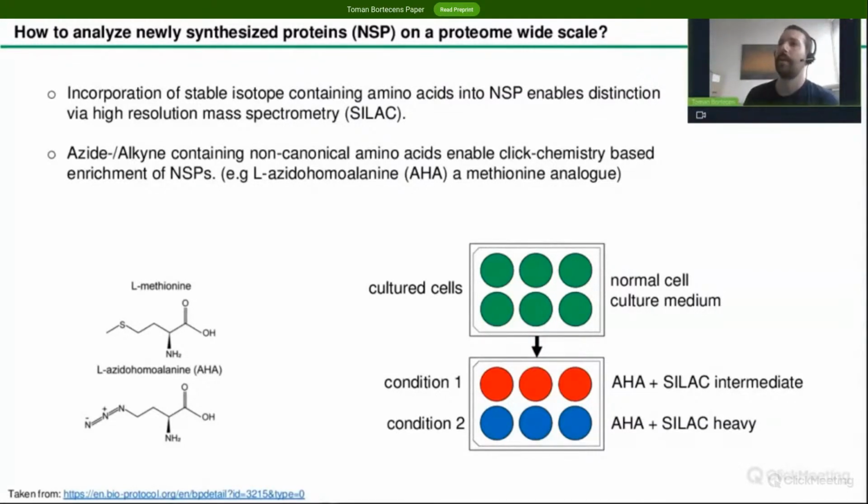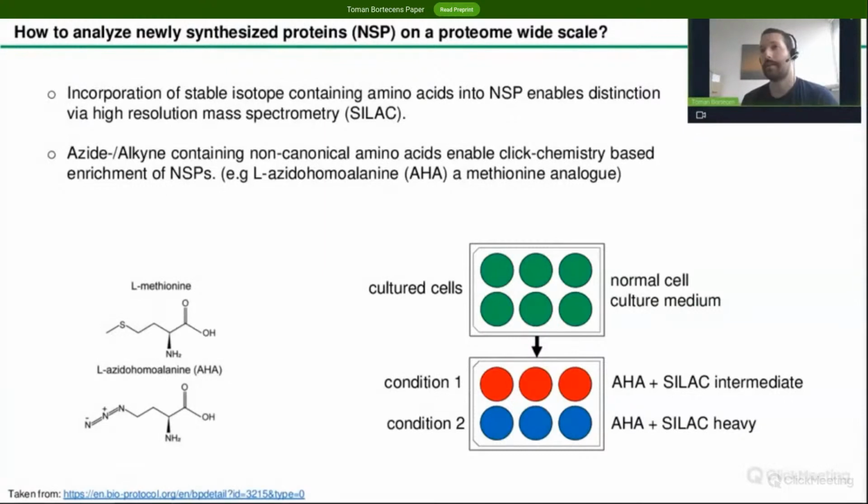Metabolic labeling allows us to distinguish the previously synthesized proteins from the NSPs. As I mentioned, there are different methodologies that use this concept, but I will present a little bit about the one that was developed and established in our lab quite a few years ago already.